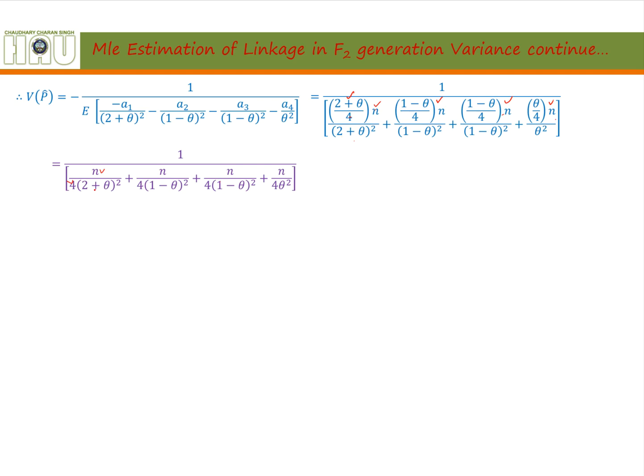I think something is wrong here. Let me check. 2 plus theta, sorry, 2 plus theta upon 4 n when it is divided with this term.